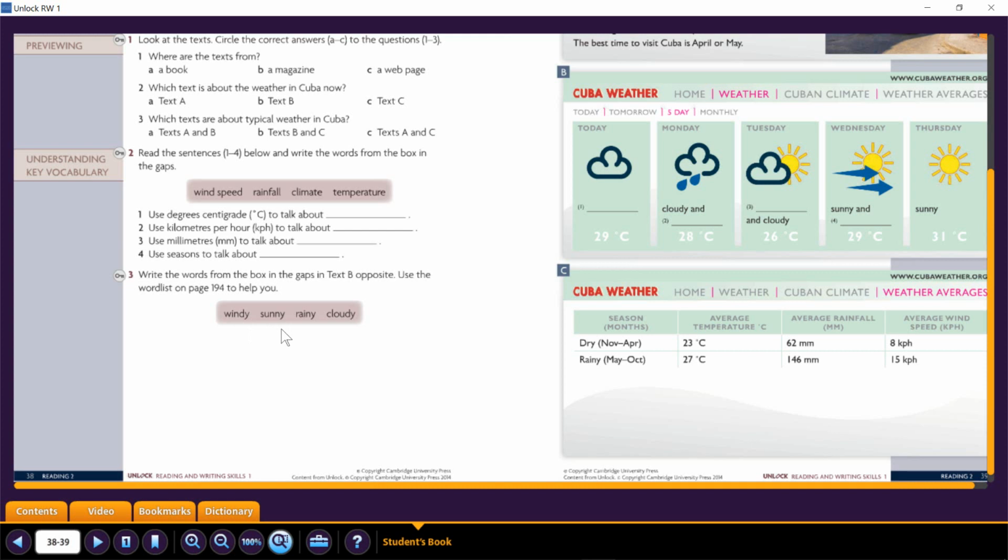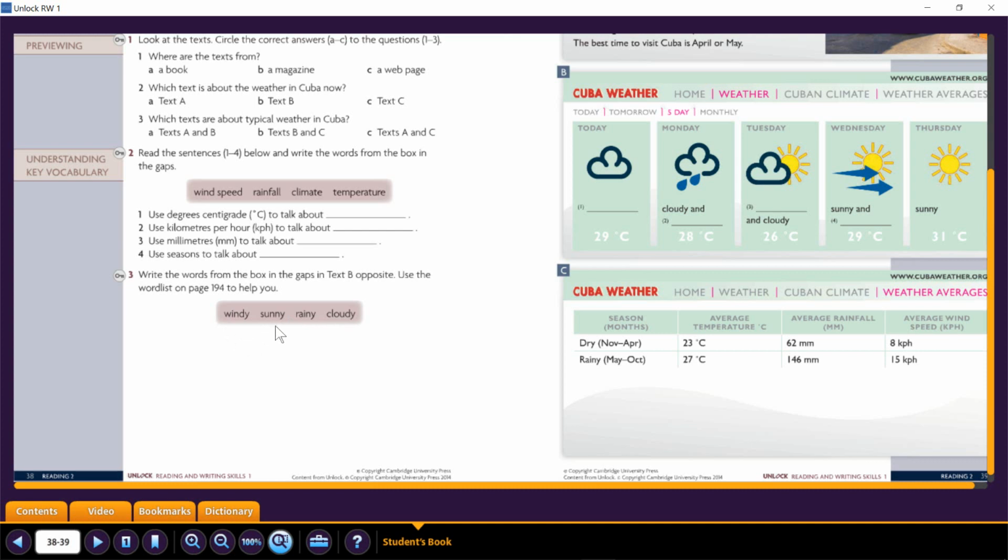Here we have windy, sunny, rainy, and cloudy. And ladies, you need to understand that these 4 terms are adjectives. We already talked about adjectives, and we said that adjectives are used to describe nouns. So windy is an adjective, the noun of it is wind.